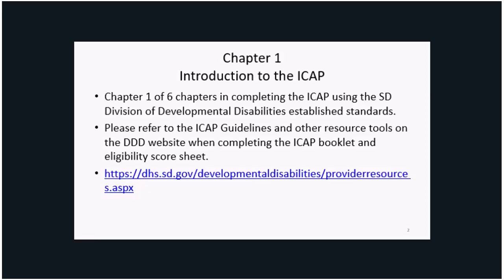Besides the ICAP Guidelines, we have other resources, and I'm going to go over those quickly with you. We've got the ICAP Quick Reference Sheet, and that is a shortened version of the ICAP Guidelines. It is meant for seasoned staff that are familiar with the ICAP, have done one before, just as a reminder of what we're looking for in the sections.